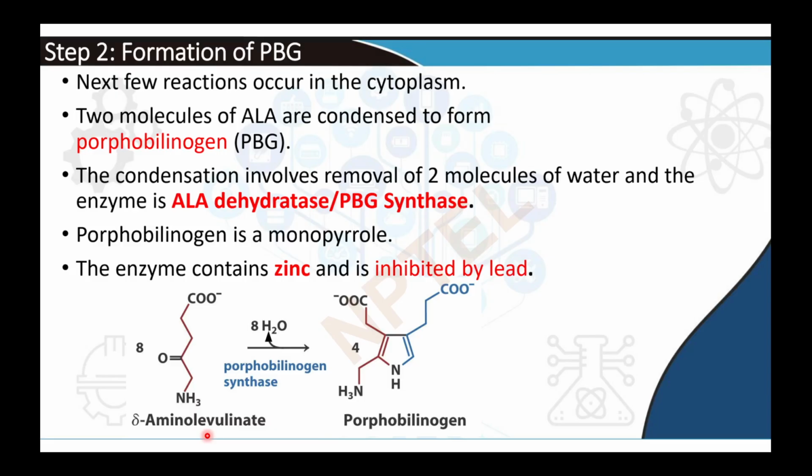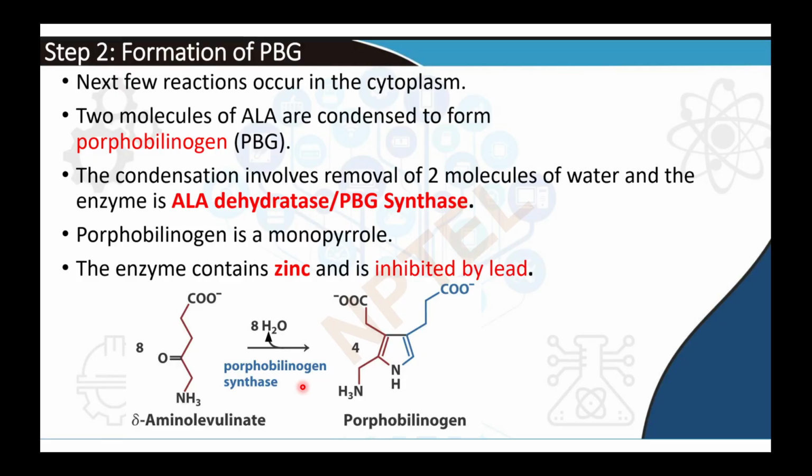And in this process, two molecules of water are removed. So here you can see for 8 molecules of ALA, 8 molecules of water are removed. Okay. And the enzyme that catalyzes this reaction is called PBG synthase, porphobilinogen synthase, or ALA dehydratase, because a dehydration reaction is happening, right? H2O is released. So it's a dehydration reaction.